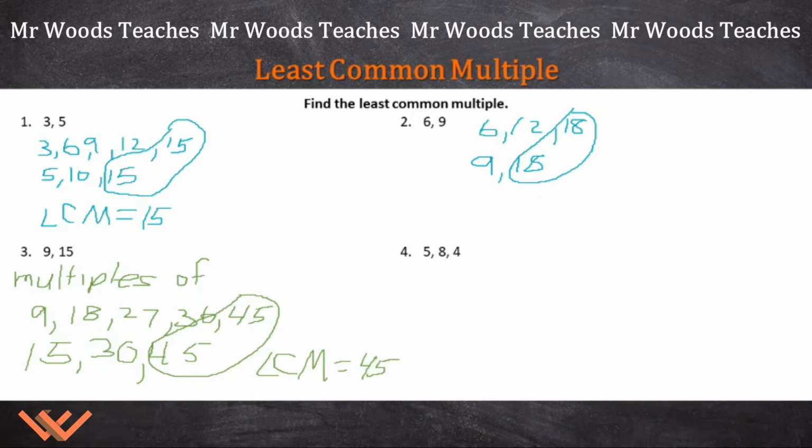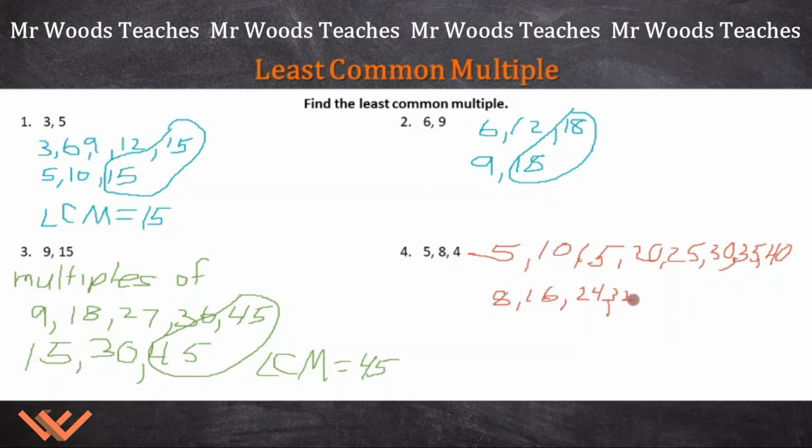But wait, look at this next one. There's 3 numbers. Well, you have to just find the LCM for all 3. And you just put out the multiples for 5. So let's see here, 5 is equal to 5, 10, 15, 20, 25, 30, 35, 40. For 8: 8, 16, 24, 32, 40.